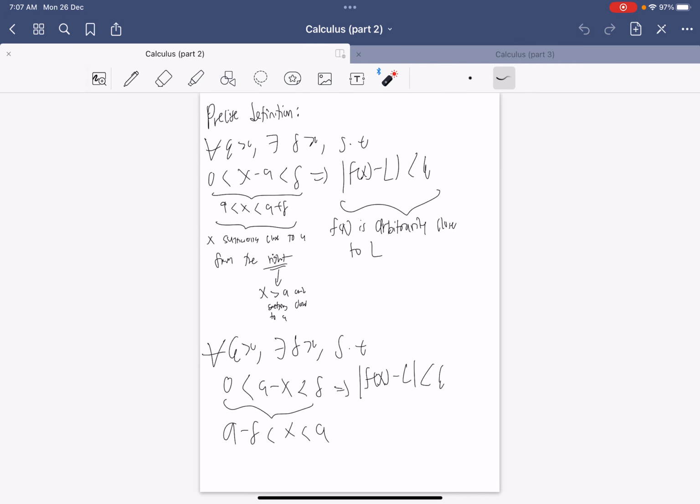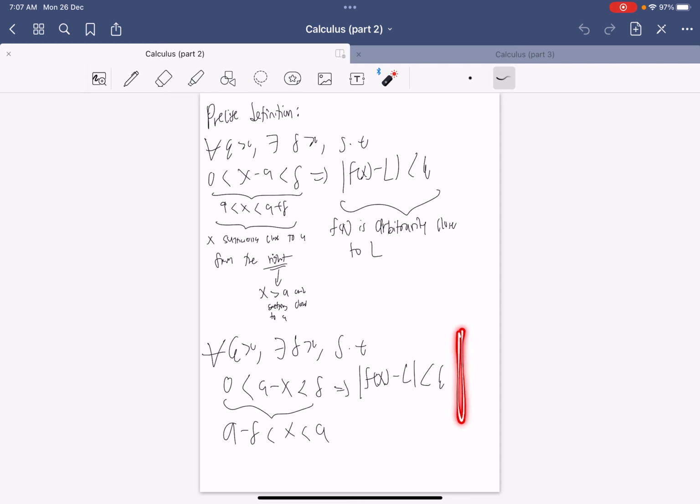Precisely, it means that for any epsilon, there exists a delta such that the following holds. Unlike the definition of a limit, where you have modulus x minus a, now you only care that x is greater than a and less than a plus delta, because it is only the right-hand side of the interval. It will imply that the following is true. This just means x is sufficiently close to a from the right and f(x) is arbitrarily close to L.